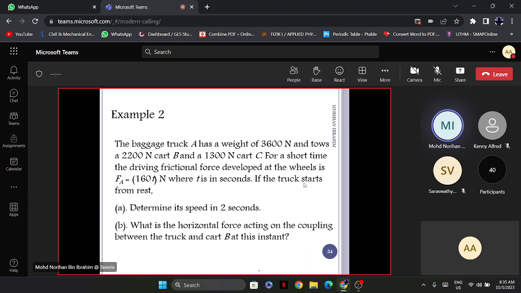If the truck starts from rest, A, determine its speed in 2 seconds. And B, what is the horizontal force acting on the coupling between the truck and cart B?